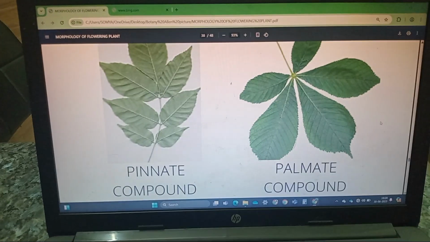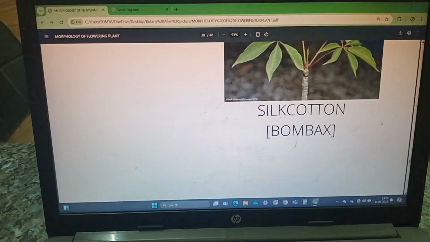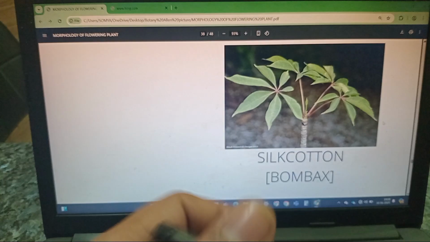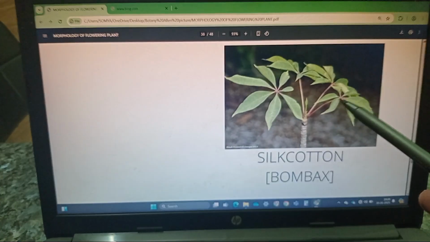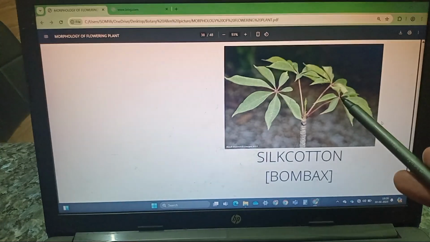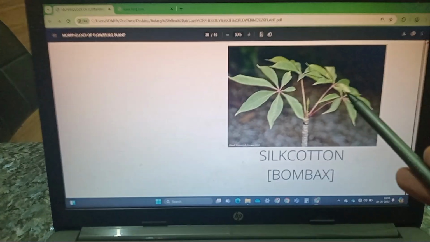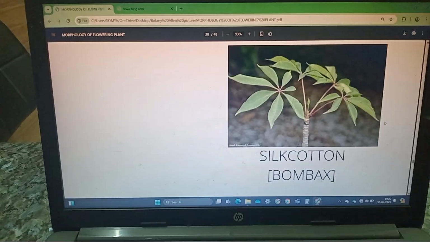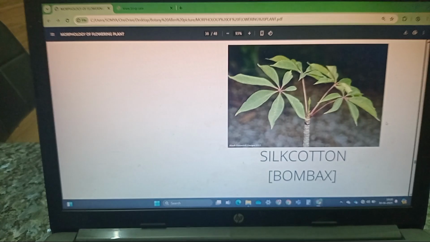The pinnate compound leaf is found in the neem, and this is found in the silk cotton. Here the rachis is short and all leaflets are arranged at the end of this petiole. There is no axillary bud at this region, so this makes it different from the whorled phyllotaxy. This is silk cotton. It's a compound palmate leaf.